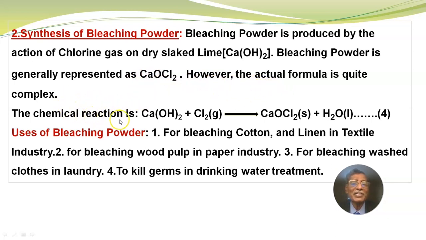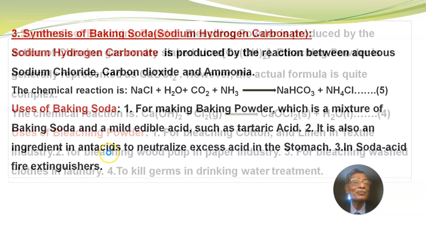The chemical reaction is Ca(OH)2 plus Cl2 gas gives CaOCl2 solid plus H2O. Uses of bleaching powder: for bleaching cotton and linen in textile industry, for bleaching wood pulp in paper industry, for bleaching washed clothes in laundry, to kill germs in drinking water treatment.